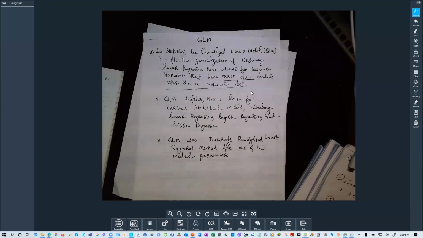Up to this point we were talking about the normal distribution for the error terms. You don't need that anymore when you use GLM.